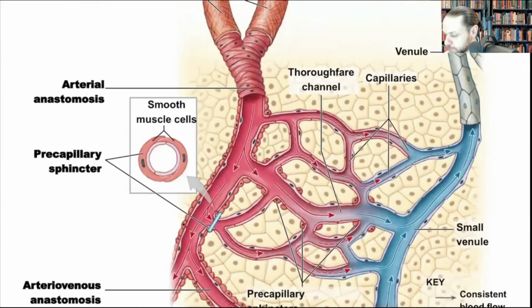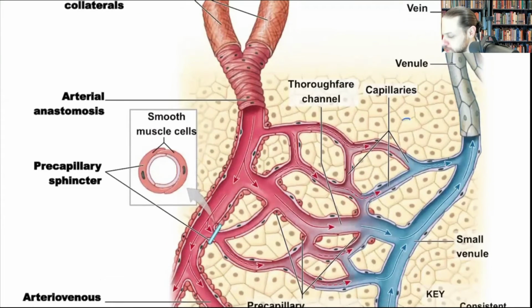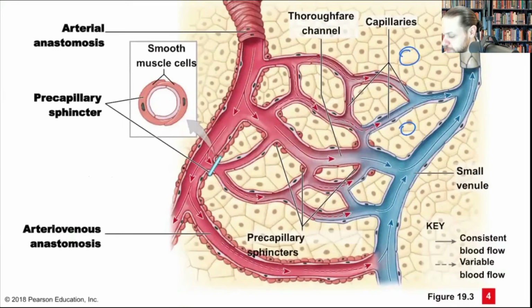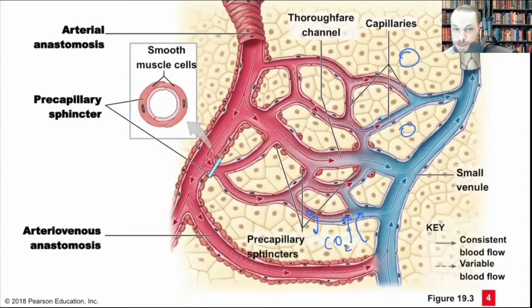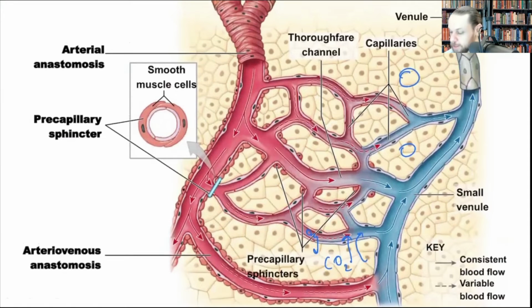This is the thoroughfare. The capillaries are here, and here you see the cells. Through these capillaries, O2 is going to come out, CO2 is going to be picked up, and also the nutrients and the waste products will be picked up from the cells. This could be any cells, myocytes, kidney cells, anything like that. It's the blood coming in.